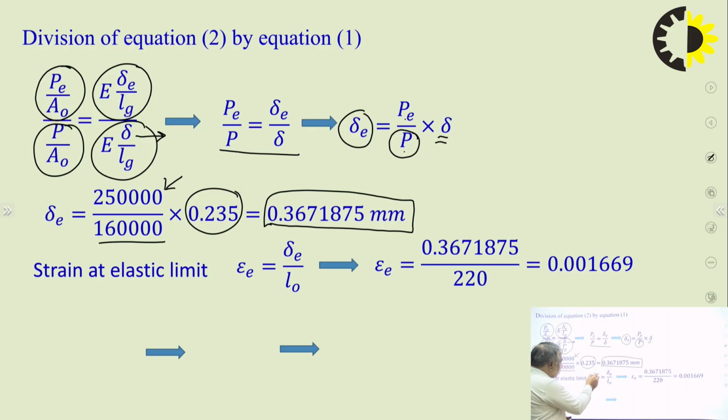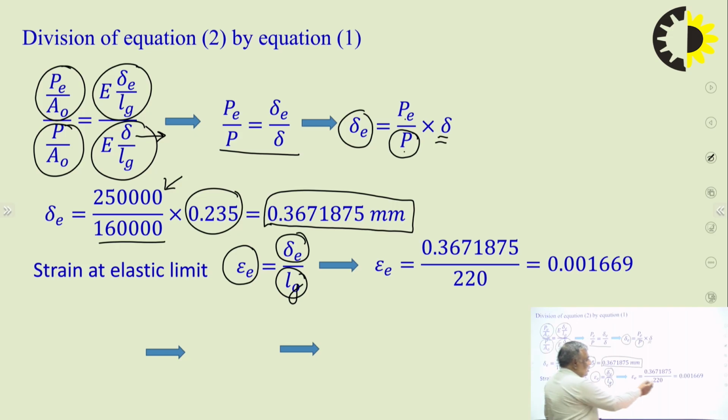So we can calculate the strain at elastic limit, equal to the deflection at elastic limit upon the original value or the gauge length. We just put in the value, and the strain at the elastic point is 0.001669.